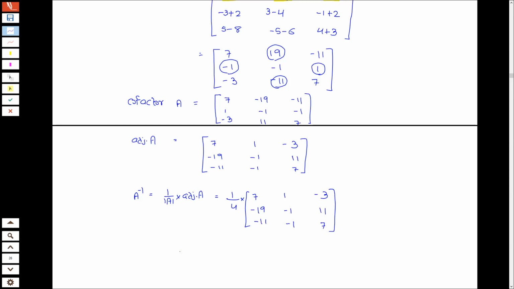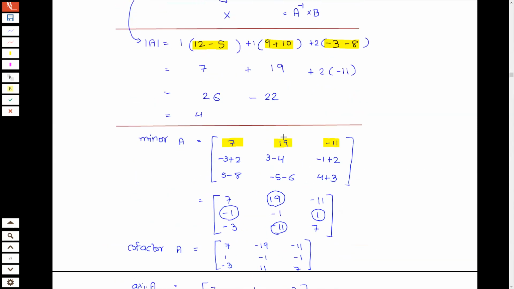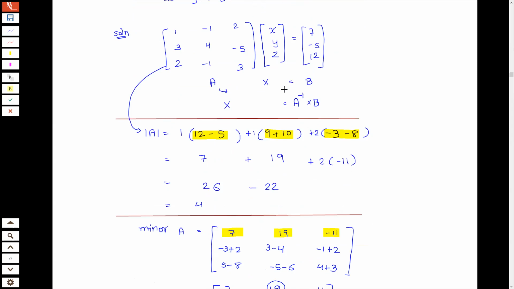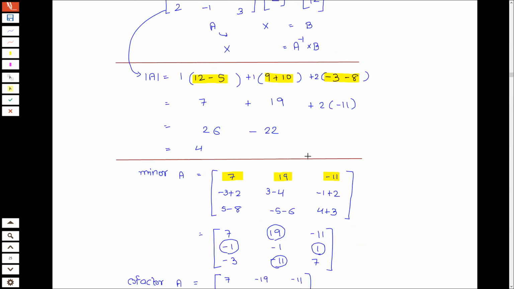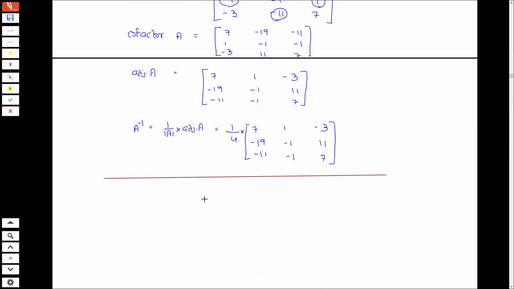Okay. And now I am almost ready with my answer. I initially had decided this: X is equal to A inverse into B. What is matrix X? It is the variable matrix.